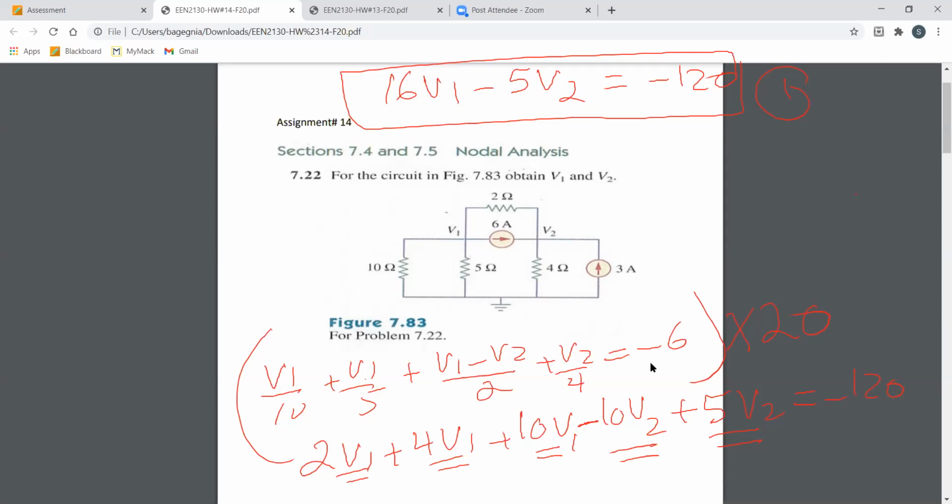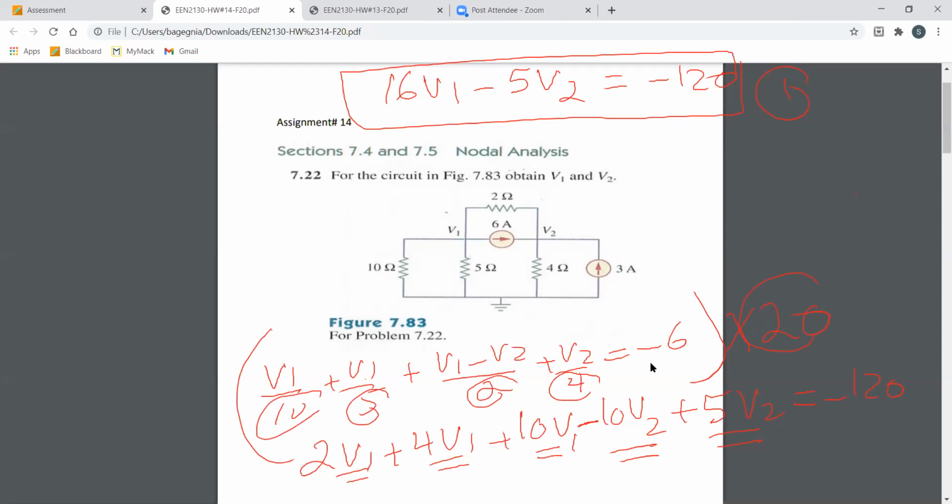Assign the nodal voltages if they are not. Assign current directions. Apply KCL, and then multiply by a common factor, so that when you divide by all of these numbers, you are left with no fraction.